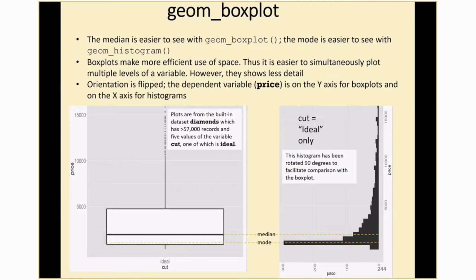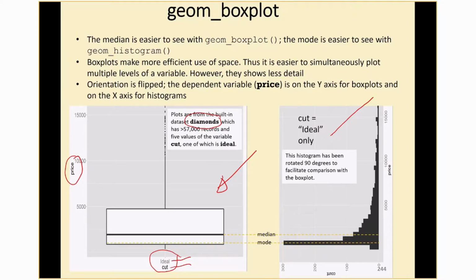In this slide, what I want to do is compare a box plot with a histogram. This box plot is based on a built-in data frame called diamonds that has many, many records. I wouldn't worry about what's going on down here, because in this data frame there are a bunch of diamonds with different cuts, and the data here are shown for a particular cut called ideal. Basically, we've got a whole bunch of diamonds, and we're interested in demonstrating the distribution of prices.